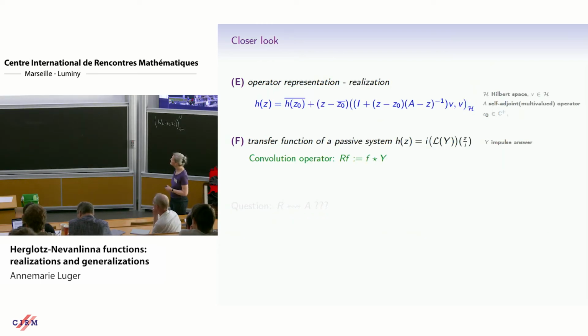Okay. Then there is this operator representation that I just named. And then there is this transfer function versus passive system. And there is also an operator, but this is a convolution operator. Okay. And I guess some of you know, but I don't know, what is the relation between the R from the passive system and the A, the self-adjoint operator for the operator representation.